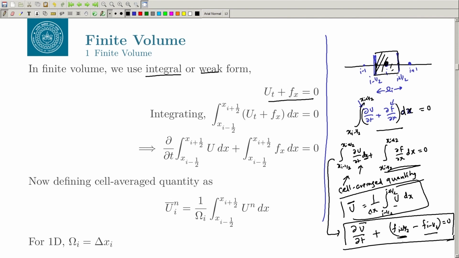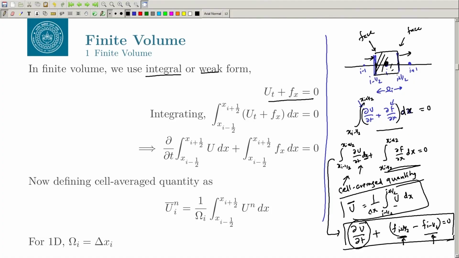So, this F I plus half and F I minus half are nothing but the fluxes at the interfaces. These are my interfaces or cell faces, whatever you want to say. So, something is coming in and something is going out. If you want to understand it in a more physical sense, what is this du by dt? Basically the change in value with time.